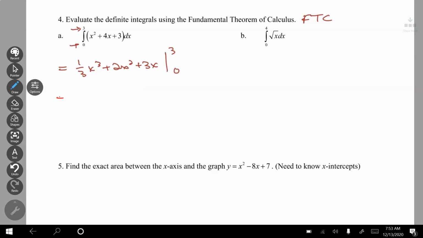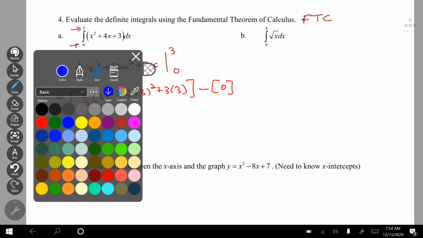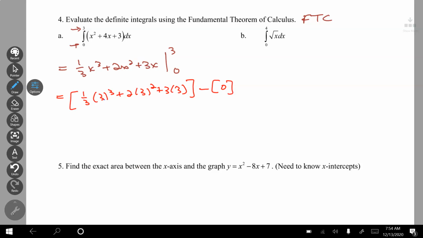I get 1/3 3 cubed plus 2 times 3 squared plus 3 times 3 minus, when I plug in 0, I think you could see that I get a bunch of zeros. 27 over 3 is 9, plus 9 times 2 is 18, plus 9. So I get this is equal to 36.